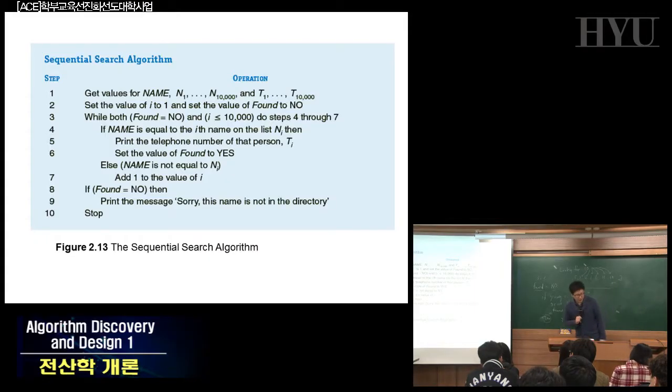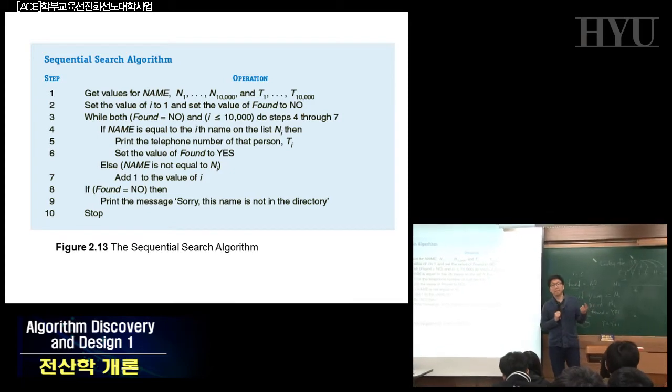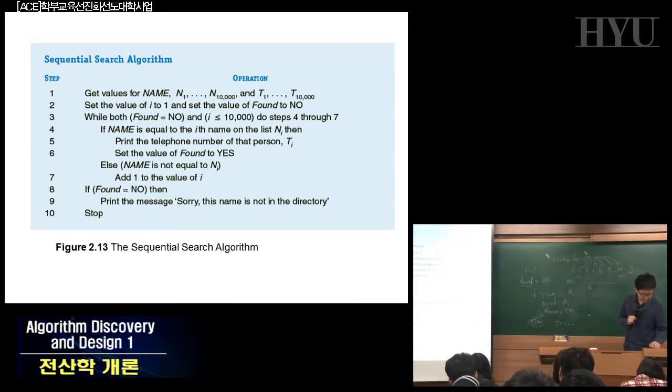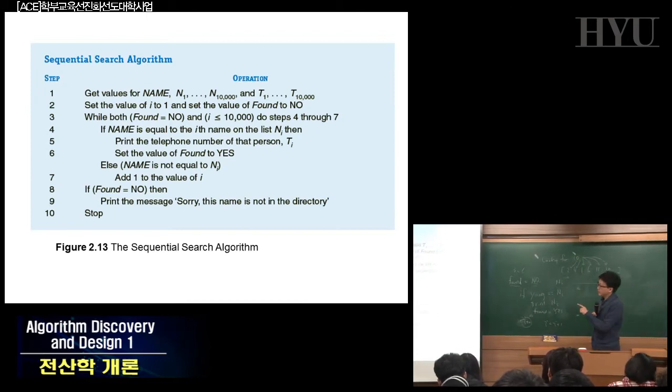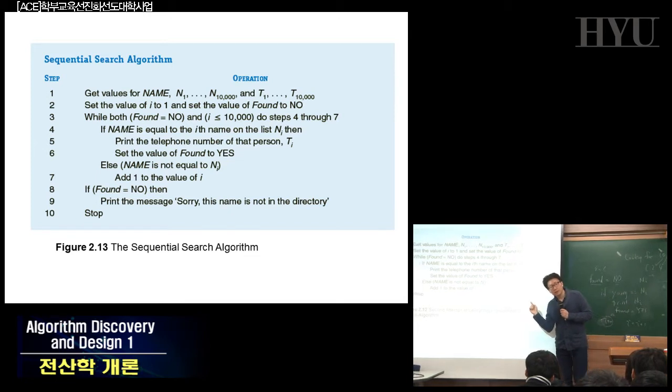This is also similar, but they have extra conditions for checking i. And in the previous algorithm, if they found it, they're going to print out the telephone number and probably not say anything else. In this previous example, what happens if I don't find the name that I was looking for?